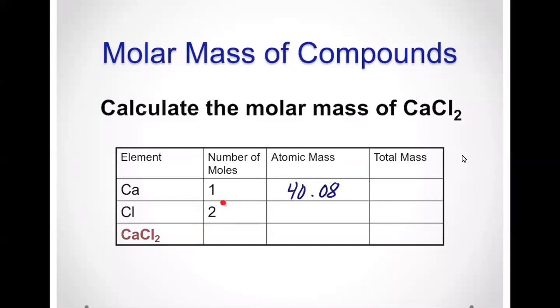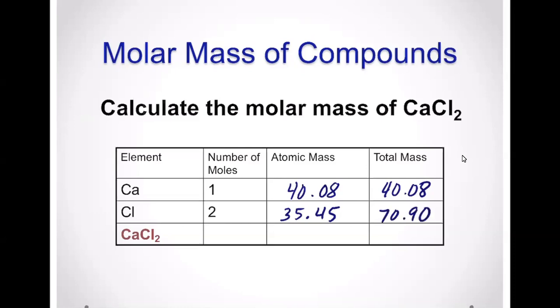So this one we're going to have to multiply by 2. Again, find the molar mass on the periodic table. 35.45. Okay. So 1 times 40.08 is 40.08. 2 times 35.45 is 70.90.